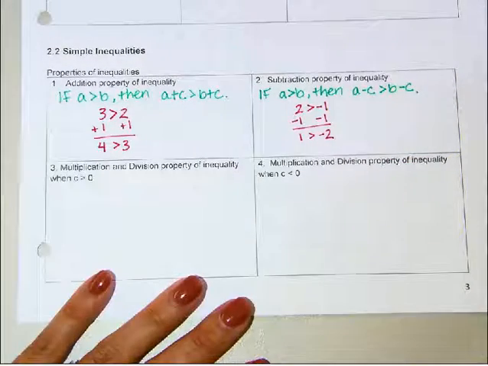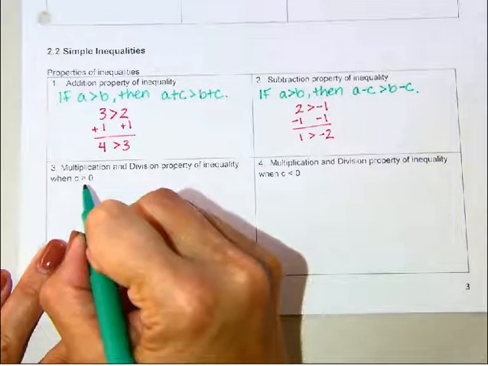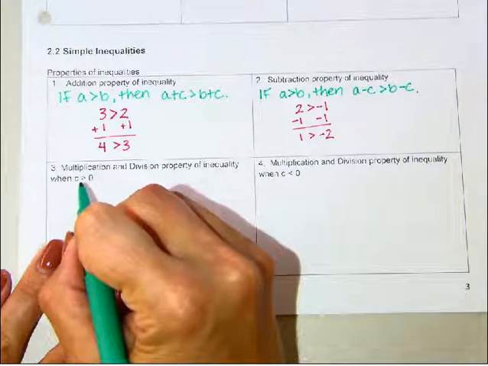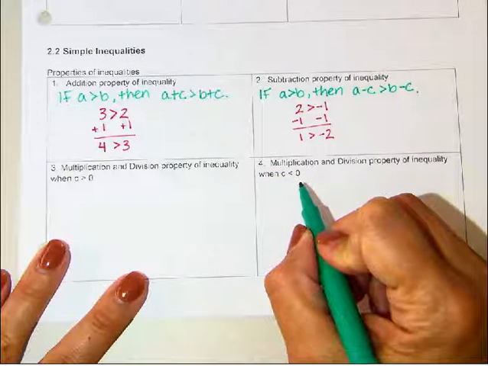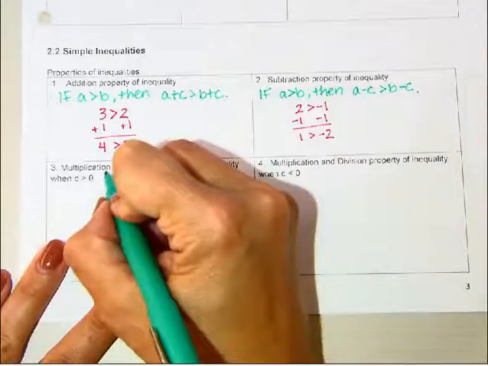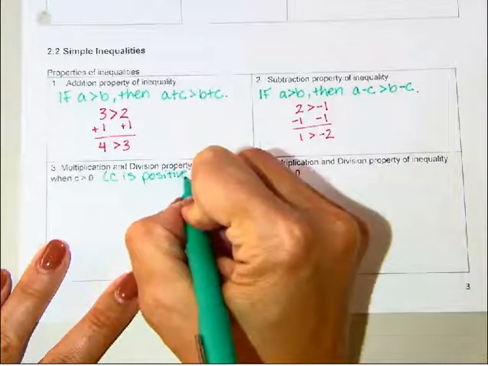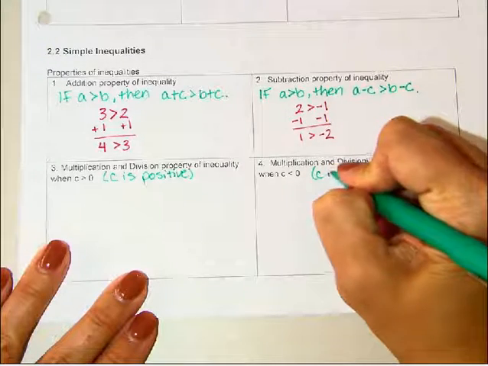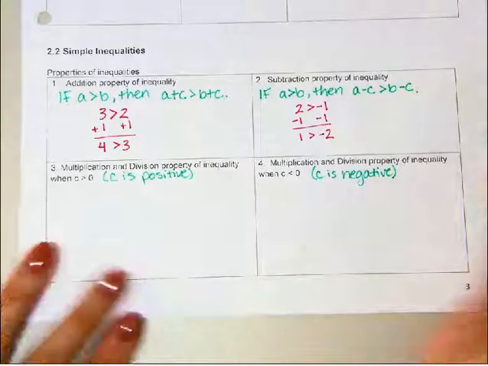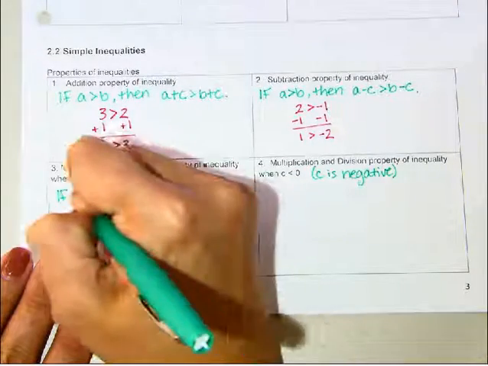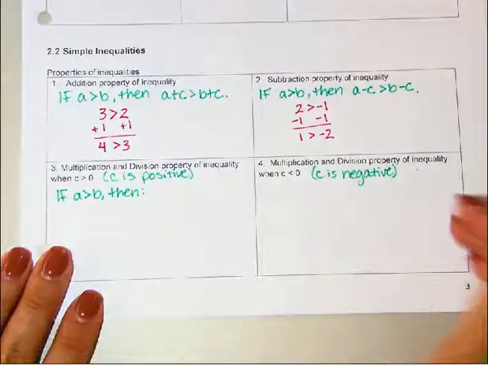So for multiplication and division, the difference here is one of them is when you're multiplying or dividing by a positive number, and one is when you're multiplying or dividing by a negative number. So this is when C is positive, and this is when C is negative. All right, so if A is greater than B, then we have two different things that will happen.